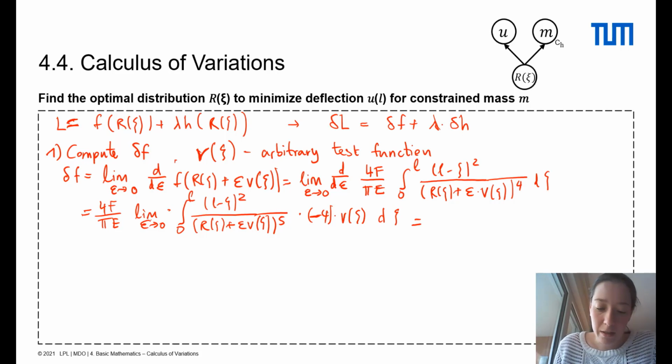And then we build the limit. So we got minus 16 here.